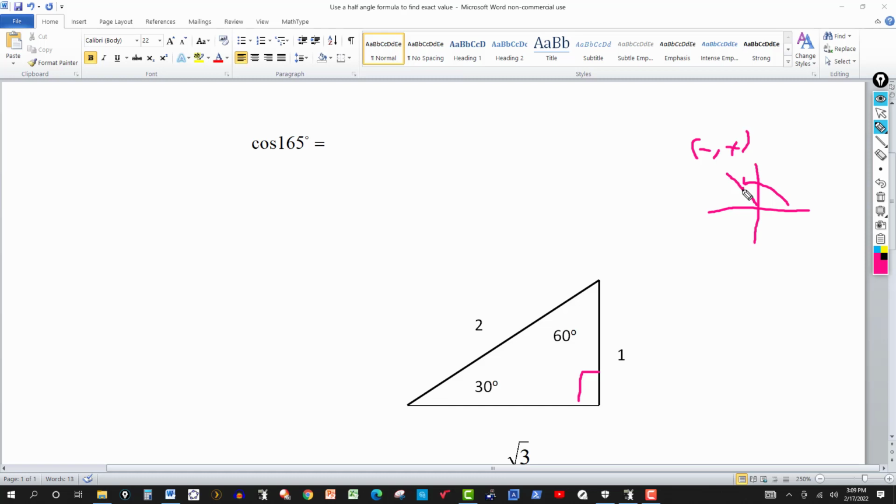This angle right here is your reference angle. So if this angle is 30 degrees or 60 degrees, you can obviously refer to this triangle. Or if this is 45 degrees, again you can refer to the 45 triangle: this angle is 45, this is 45, this is 1, this is 1, and this is the square root of 2.